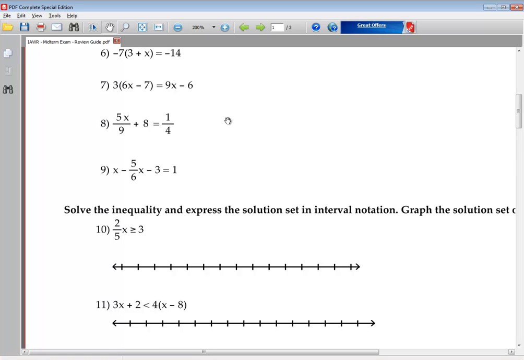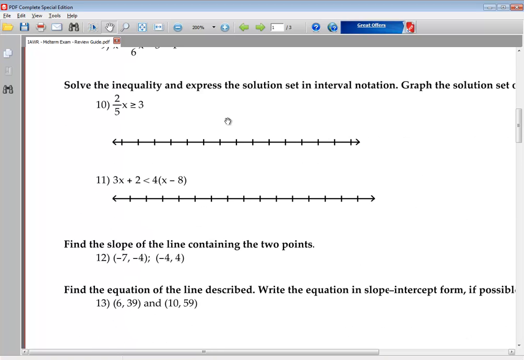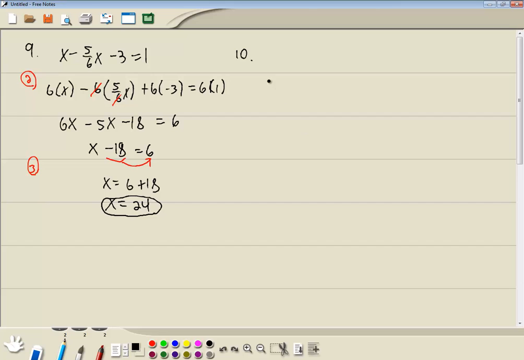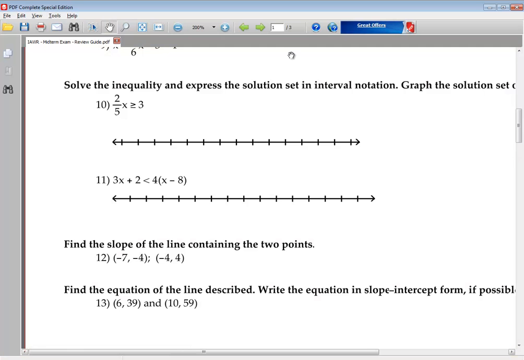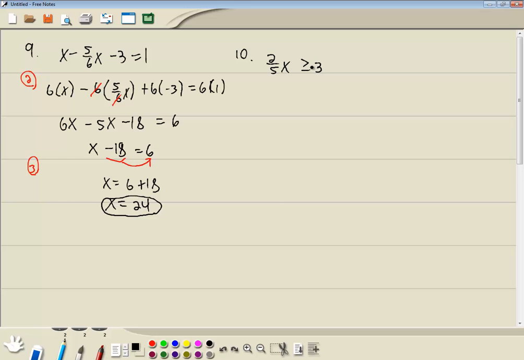Okay, number 10. Solve the inequality, express the solution set in interval notation, and graph it. Okay, so we've got 2/5 x is greater than or equal to 3. Step 1, get rid of parentheses. Don't have any. Step 2, get rid of fractions.